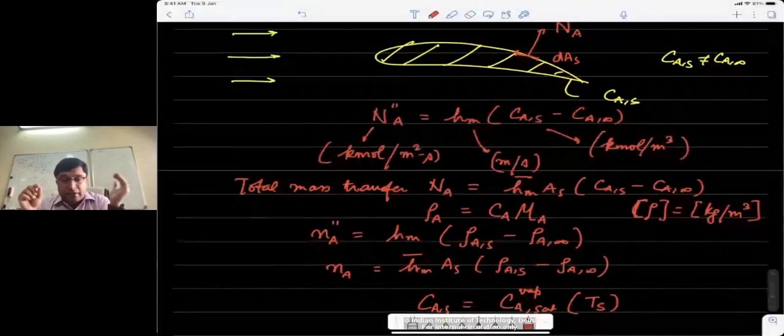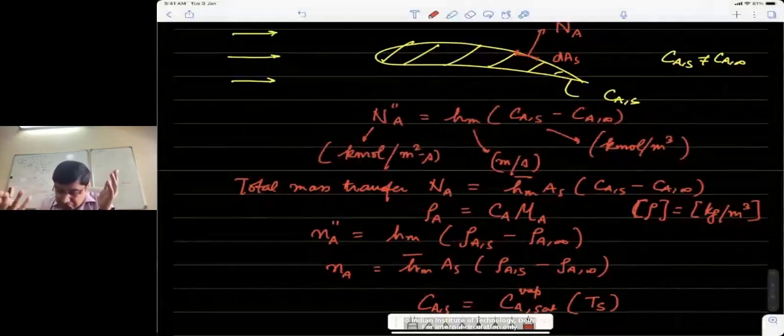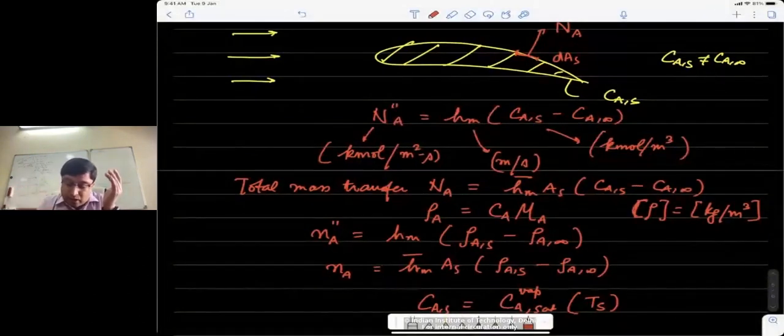If the air is moving at, let's say, 25 degrees Celsius, and the surface is at maybe 20 degrees Celsius, a cooled surface, then the corresponding density that we will choose will be of the vapor phase, which is water vapor at 20 degrees Celsius.